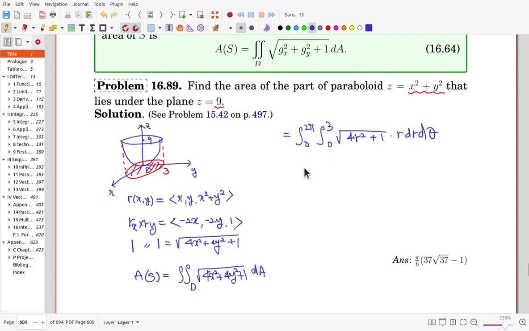This is theta independent, so the theta integration can be done, and the result is 2 pi. And now for that portion, we try to get the antiderivative. That must be a constant times, since there's a half power, 4r squared plus 1 to the 3 over 2, and we have to evaluate from 0 to 3, right?